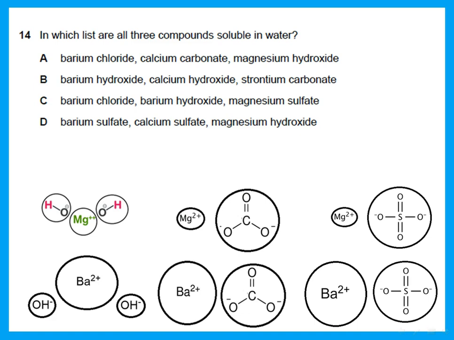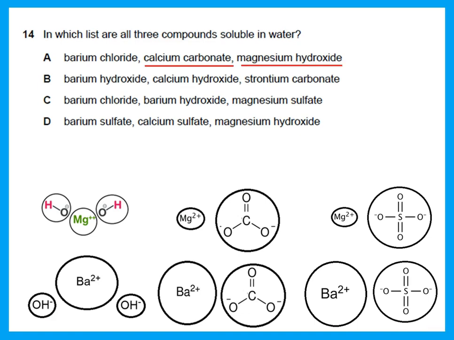He's saying in which of these are all 3 compounds soluble. So the choices we have in A, barium chloride is soluble because chloride is a small ion like hydroxide or even smaller. So barium chloride is soluble. What about calcium carbonate? No, calcium carbonate is not soluble because carbonate is a big ion, calcium is a big cation, so that does not dissolve in water.